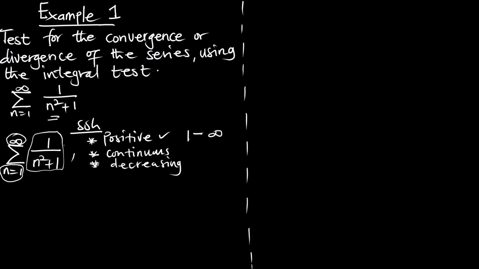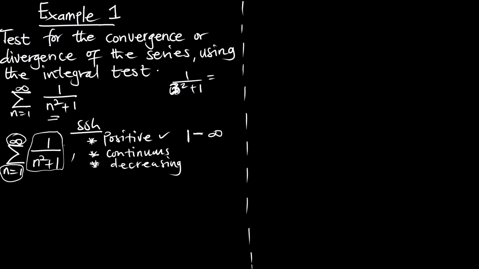So if I say 1 on 1 squared plus 1, that is going to be a positive value. If I put in 2 here, it is going to be a positive value. If I put in 3, so it is always positive from the interval 1 to infinity.